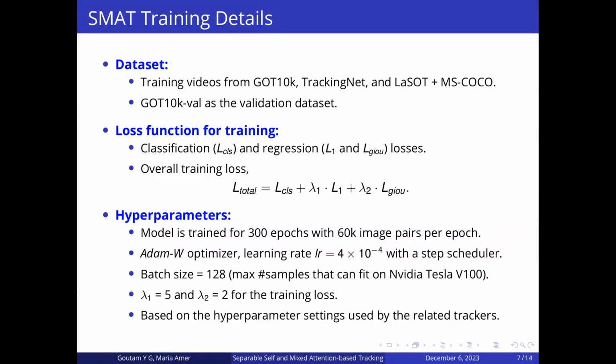We train our model for 300 epochs with AdamW optimizer. We set our batch size to 128 based on the maximum number of samples that can be fit on the GPU used during training. And the values of hyperparameters in the loss function are determined based on the values that are used by the related trackers.